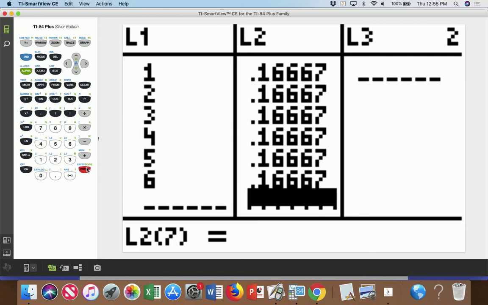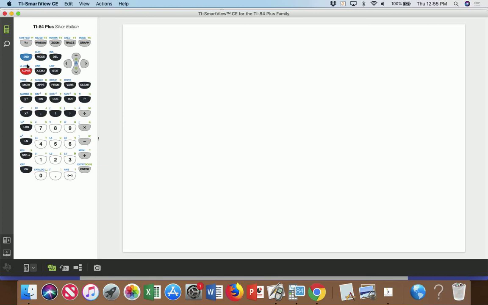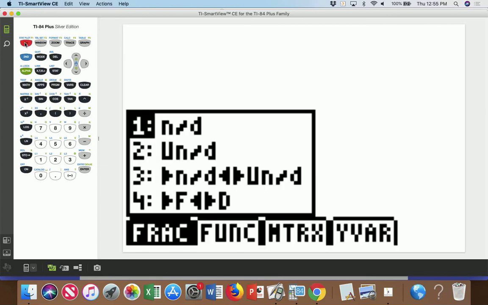So what are you telling her to do? Alpha and then y equals, and you can just make a fraction. Okay. So she's saying up here, if you go alpha, y equals, there's your fractions. Okay.